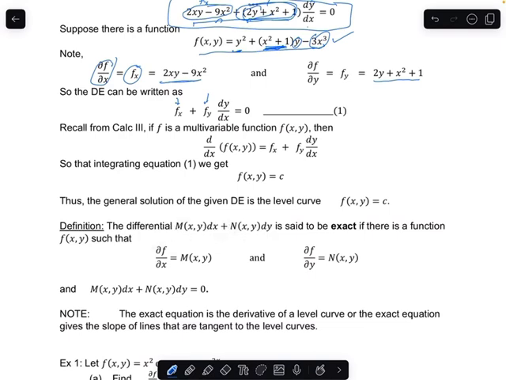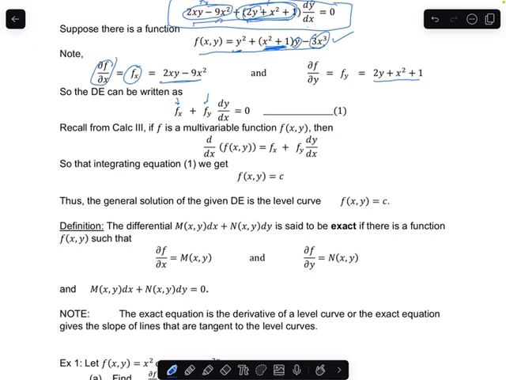Now recall from Calc 3 that if f is a multivariable function f of x, y, then d by dx of f of x, y will be the partial derivative of f with respect to x plus the partial derivative of f with respect to y times dy by dx.